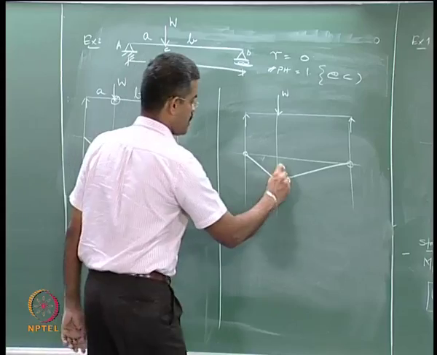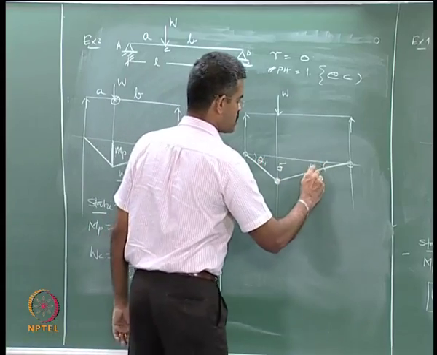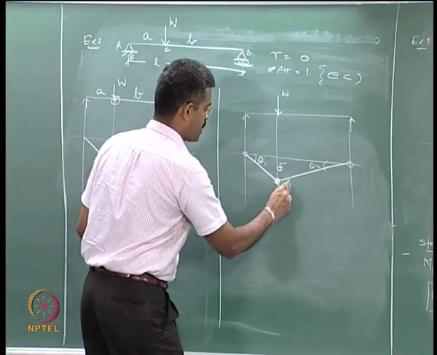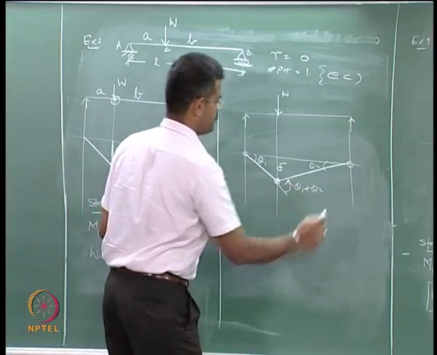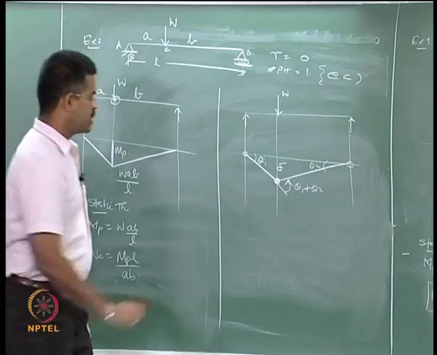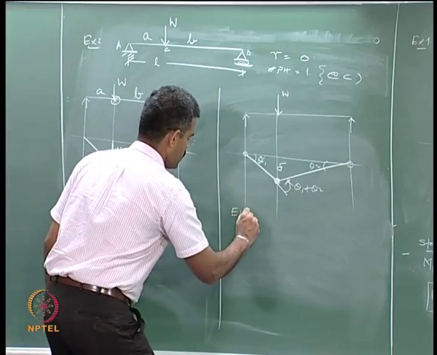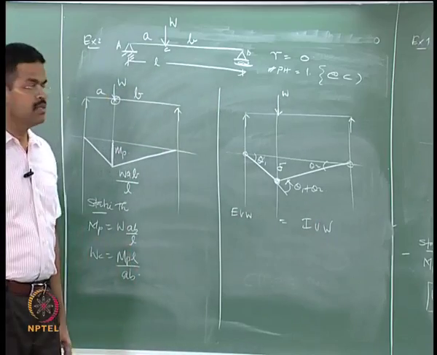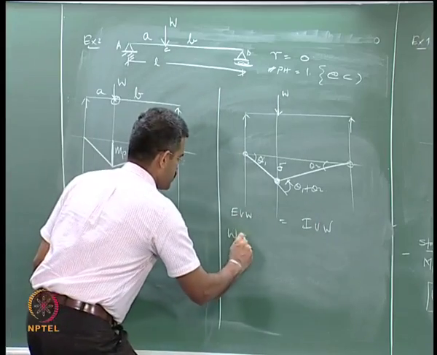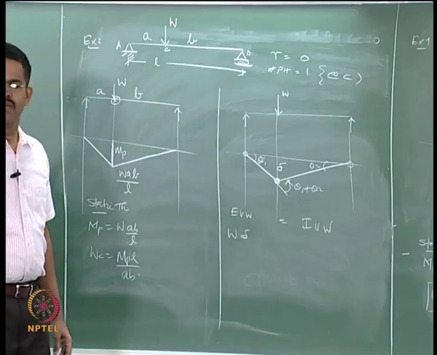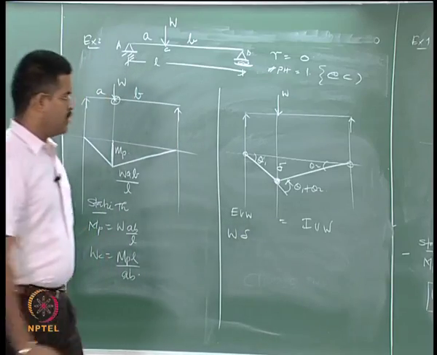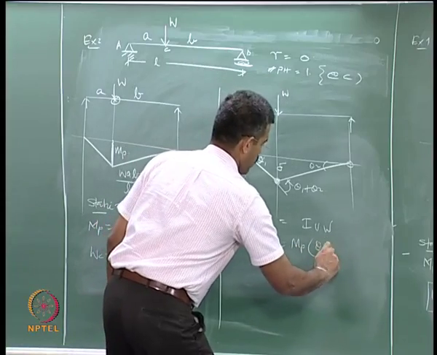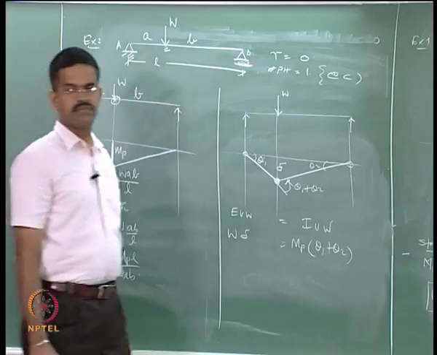I call this as delta, this as theta 1 and this as theta 2 now, and the rotation total will be actually theta 1 plus theta 2. External virtual work is equal to internal virtual work. External virtual work is W into delta. Internal virtual work is nothing but MP of theta 1 plus theta 2. Is that okay?